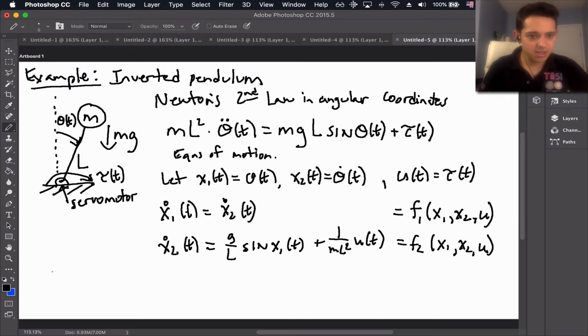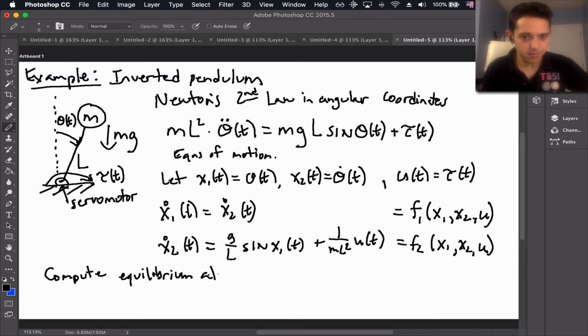So the first thing to do will be to compute the equilibrium at some nominal angle, x1 EQ, that I'm interested in.